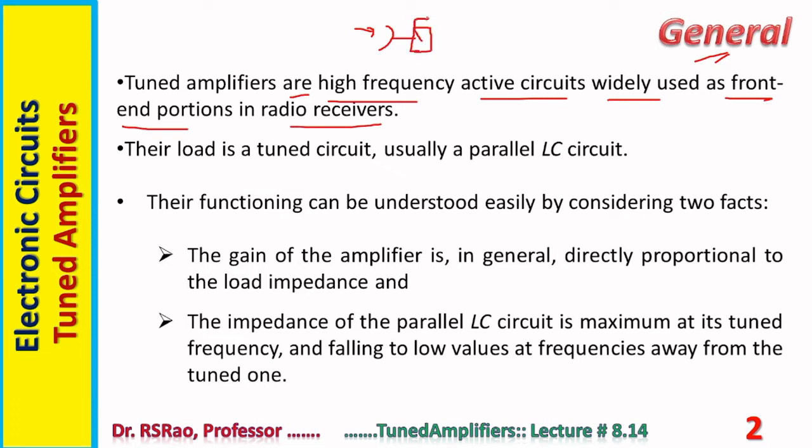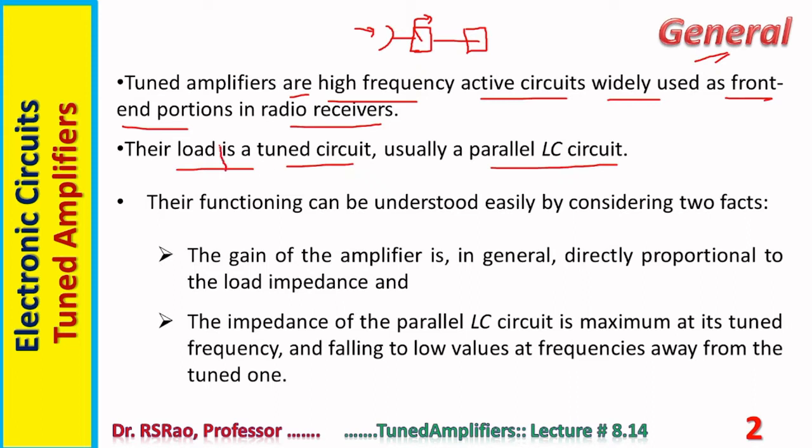This multi-stage amplifier is a chain of tuned amplifiers. So the receiver circuit's starting point is the tuned amplifier chain, or multi-stage tuned amplifiers. Their load is a tuned circuit, usually a parallel LC circuit.